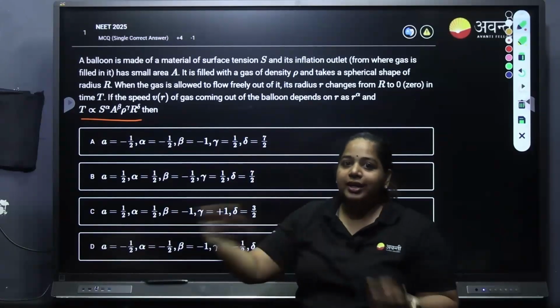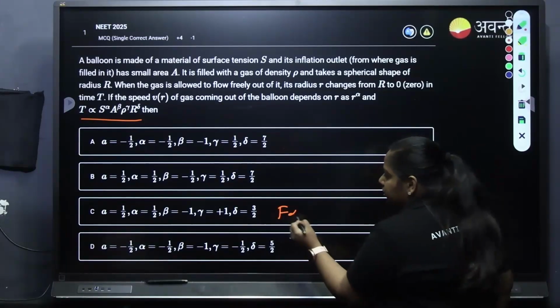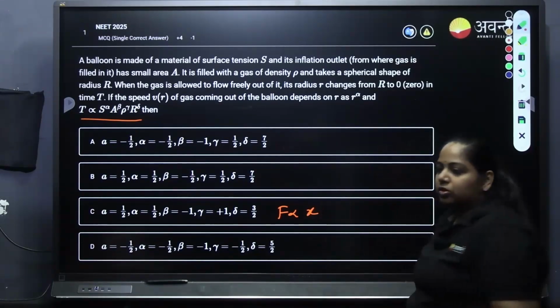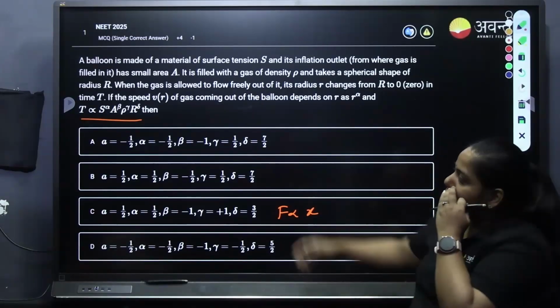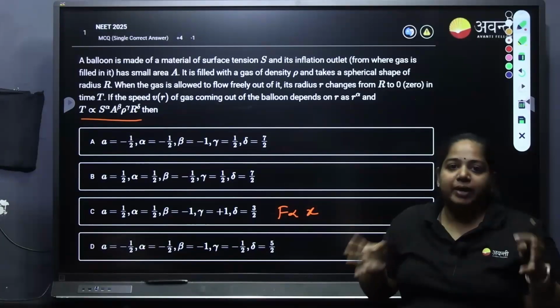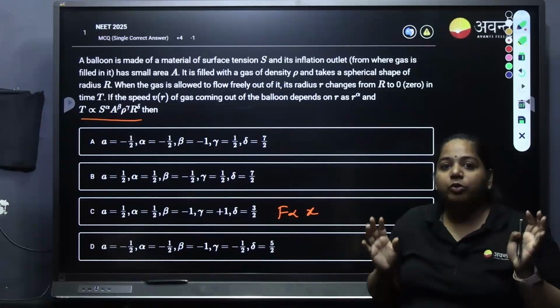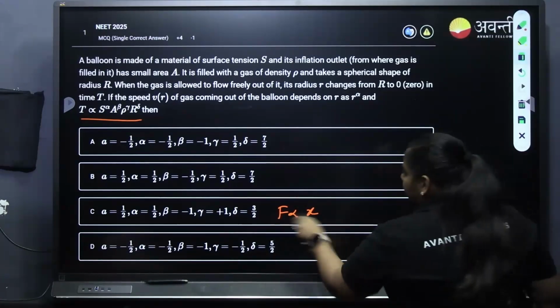It is just like F proportional to X. So if T is proportional to this, both sides should have the same dimension, right? We just have to equate that dimension. That's it in this question.